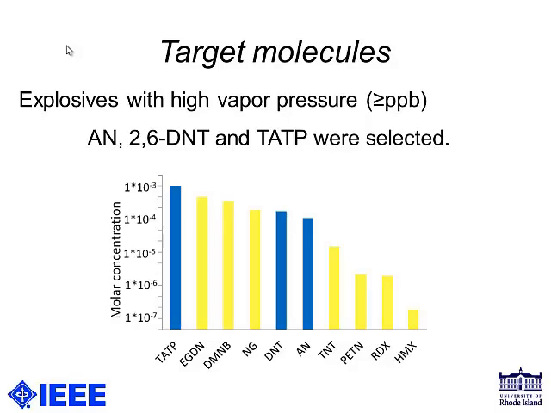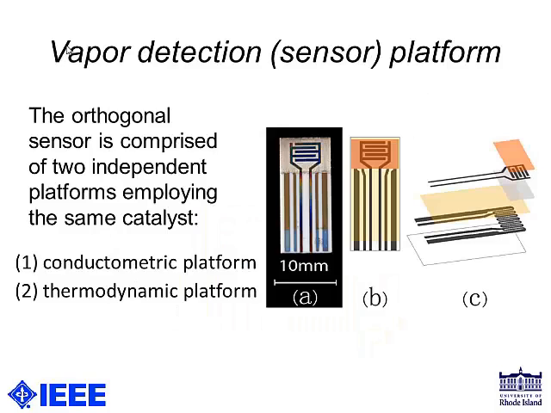The reason we selected these 3 is because they have higher vapor concentration relative to others like PETN or RDX. Also, they include both nitro-based and non-nitro-based explosives, they cover both organic and inorganic explosives, and they cover peroxide-based explosives. So that's why we selected these 3.